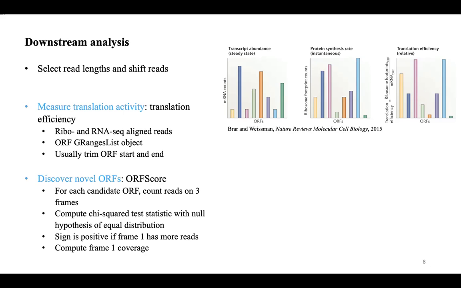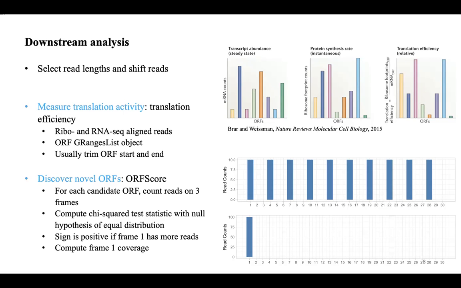So we implement ORF score, which is a simple method to count the reads on 3 frames and test if frame 1 has the highest. As a toy example, here we show 2 ORFs with 10 codons. The ORF scores are identical for both because they have the same read counts along the 3 frames.